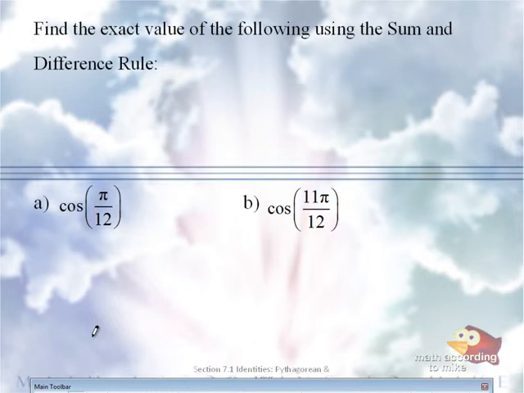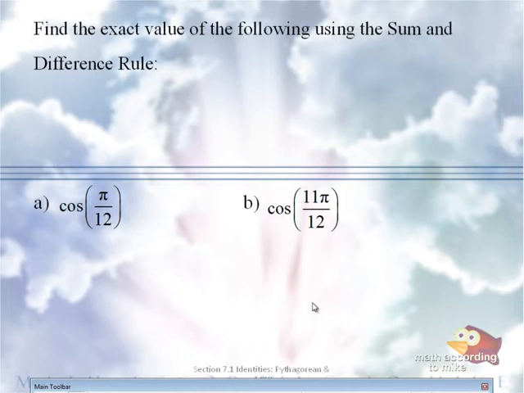The tricks of the trade are you should only pick numbers that are known values on the unit circle. So for part A, we want to either add or subtract two angles on the unit circle and get pi over 12. So can anyone think of two angles such that when added or subtracted, we get pi over 12? 4 pi over 12 minus 3 pi over 12.